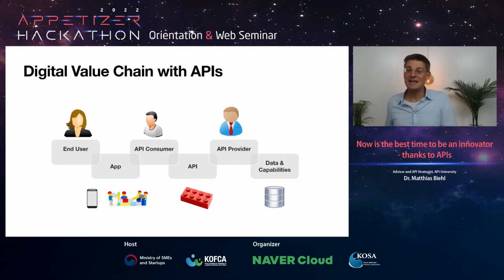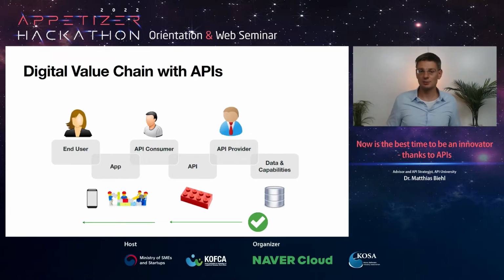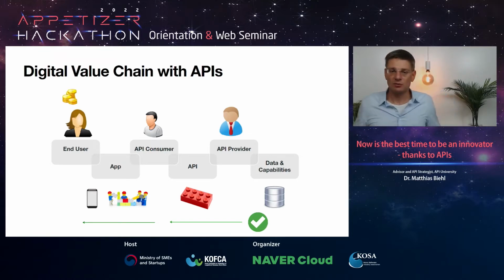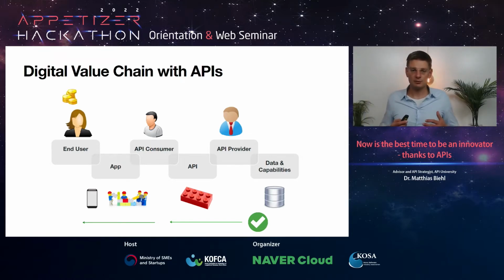This value is then transferred or given to an API consumer, and the API consumer, by his unique composition of different APIs and UI and understanding of the user scenario and so forth, creates additional value, right? So the API consumer takes some of the value and creates new value on top of it, and that's given to the end user. The end user gets all of this value. He is the receiver of all of this value.